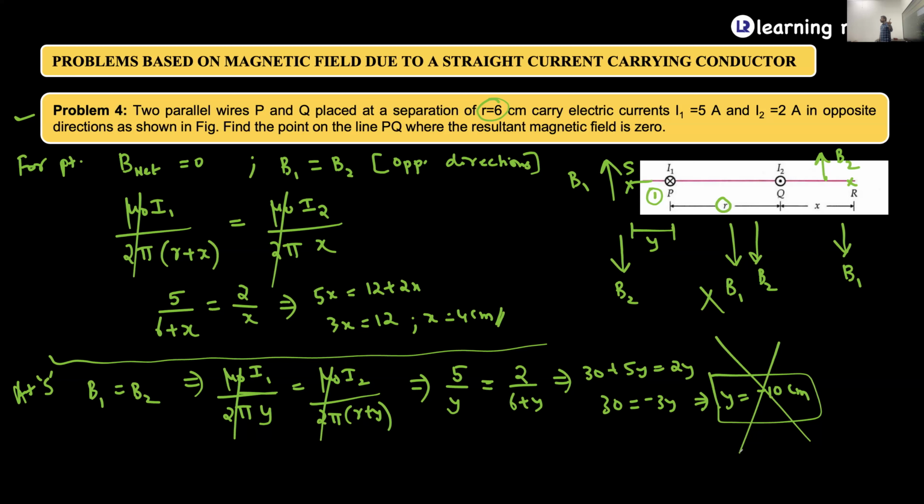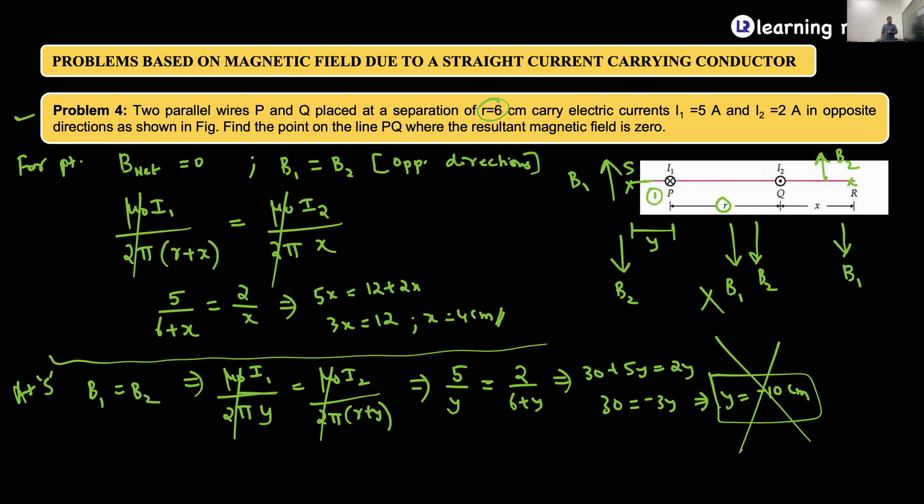But what decides whether it is left-hand side or right-hand side is the magnitude of the current. So that point where the net magnetic field is 0 is going to be closer to the point with lesser magnitude of current. This is an important point to be noted.